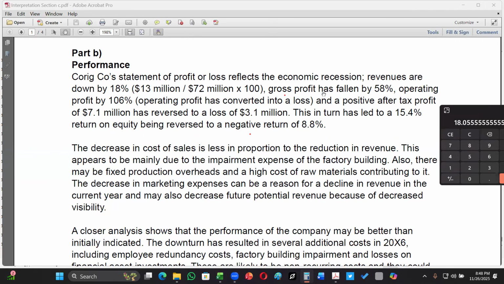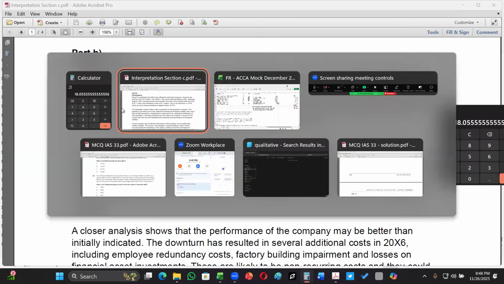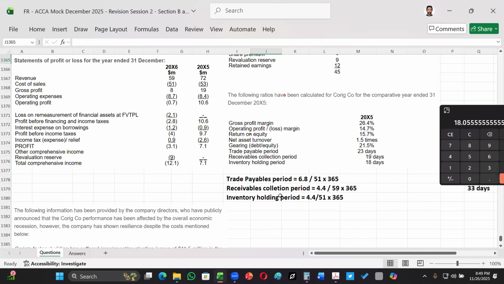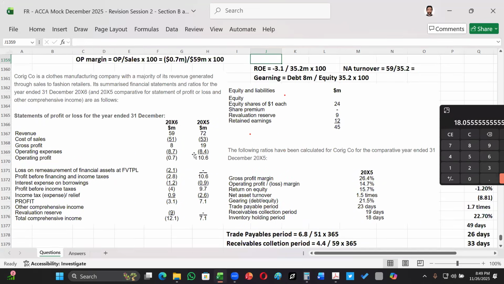The gross profit has also gone down by 58%, and the operating profit by 106%. They're saying 106 because the operating profit is not really a profit, it's a loss now. Okay, so if we just go through and understand these figures, this is talking about your sales, and this is talking about your cost of sales, and this is talking about your gross profit and operating profit. The gross profit has gone down from 19 million to 8 million.